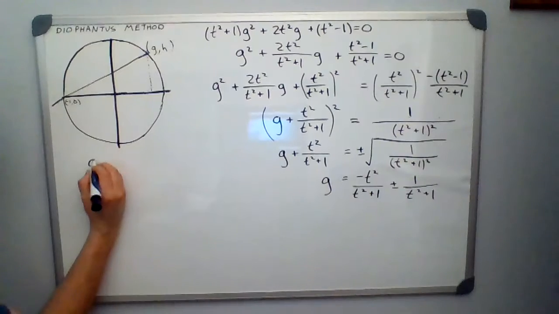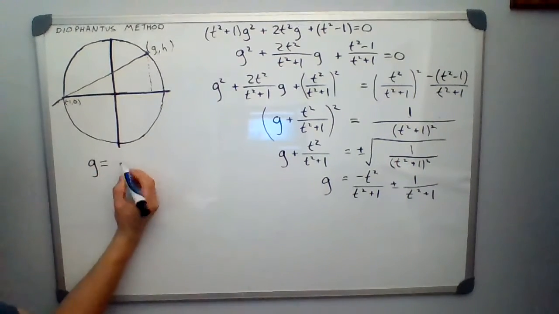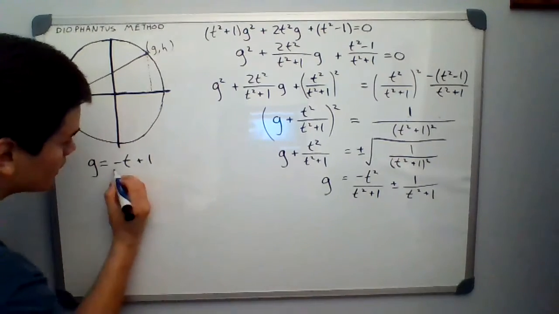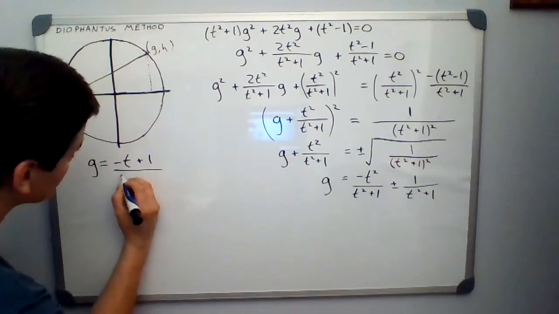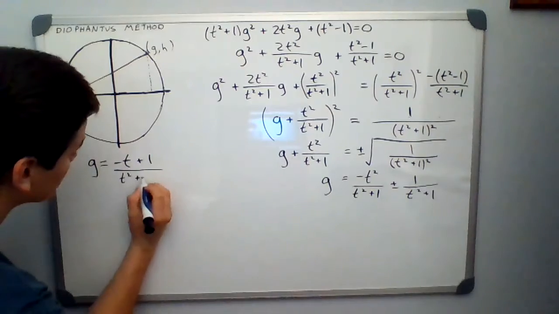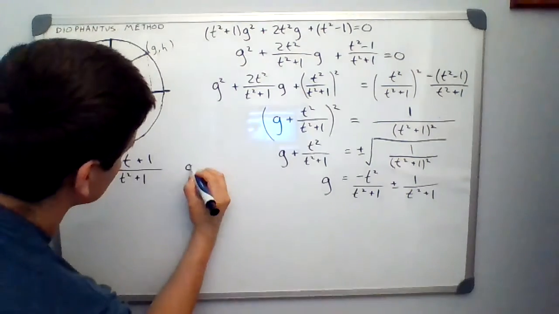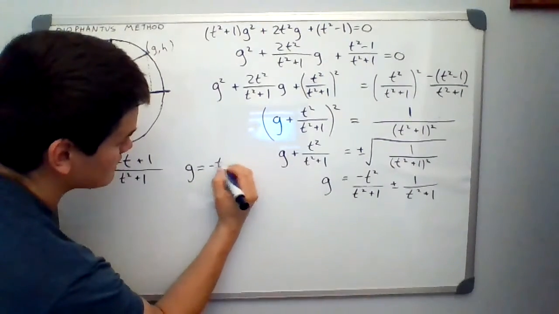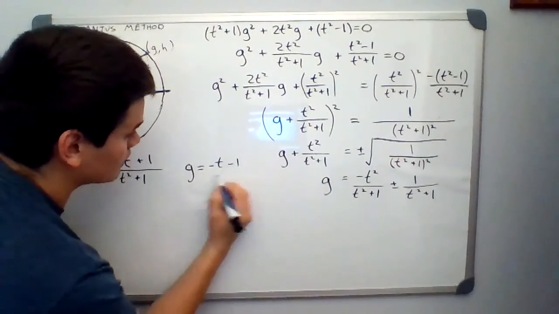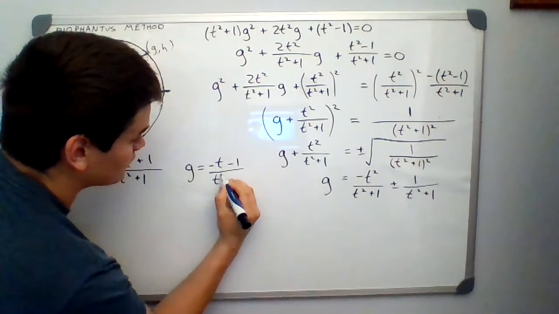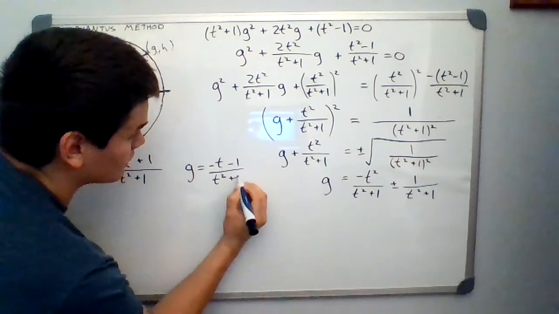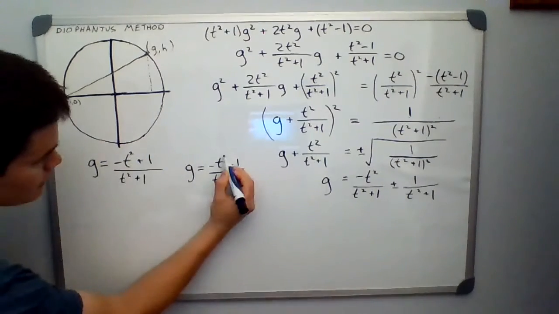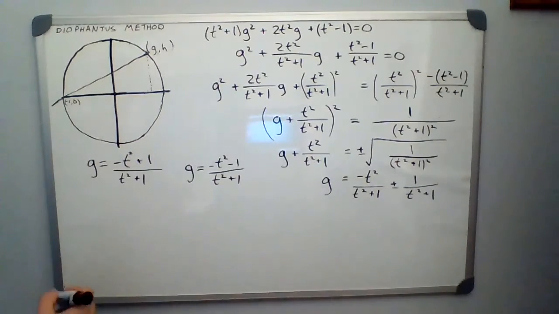So g is equal to negative t plus 1 over t squared plus 1, and g is equal to negative t minus 1 over t squared plus 1. I'm sorry, that's negative t squared. What am I doing? Negative t squared.